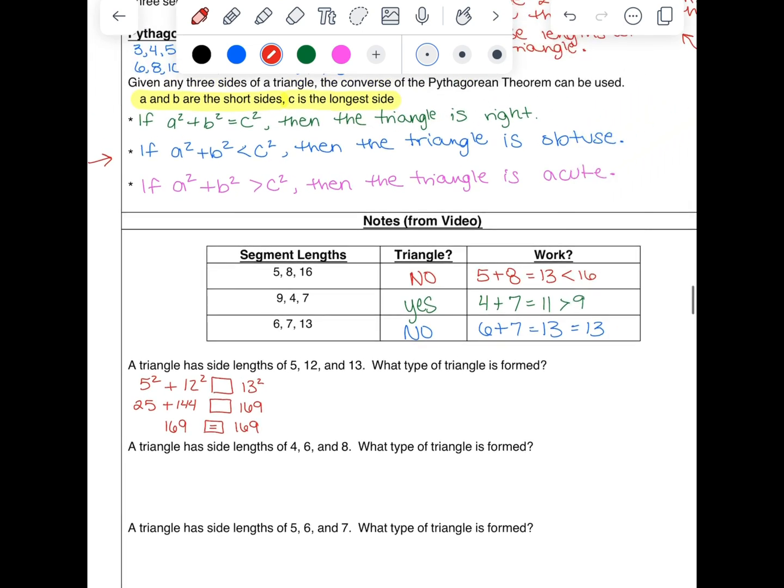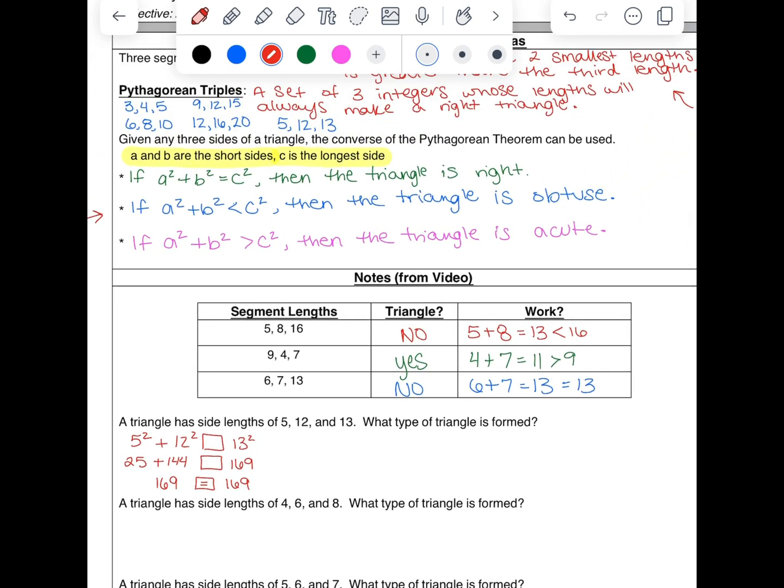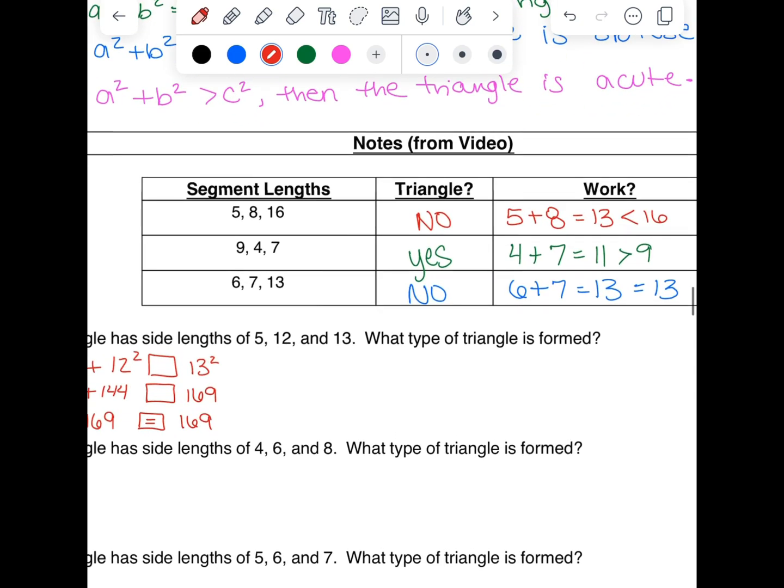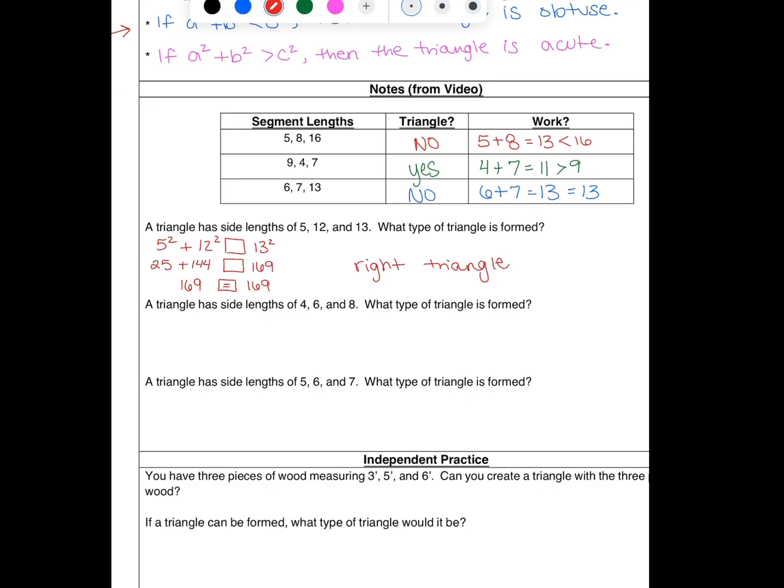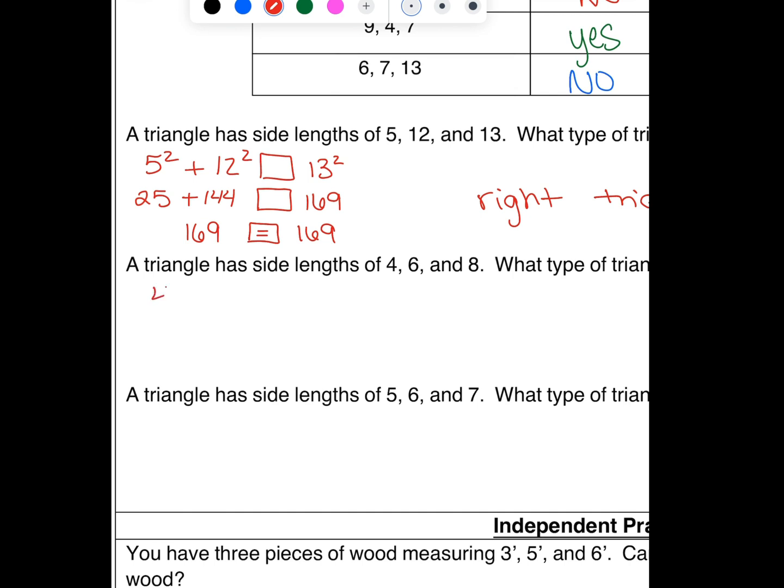Whenever a squared plus b squared is equal to c squared, we use our first statement, and that tells us that we have a right triangle. Okay, the next one has side lengths of 4, 6, and 8. We do the same thing: 4 squared plus 6 squared, blank, 8 squared.